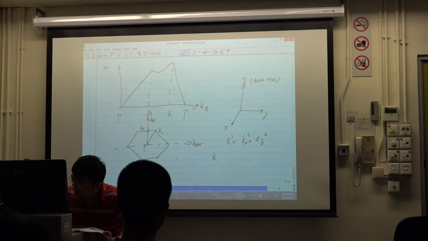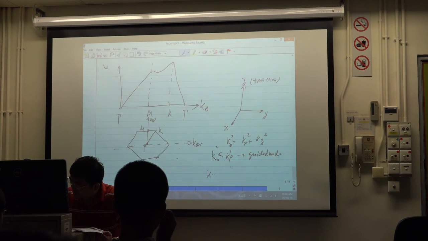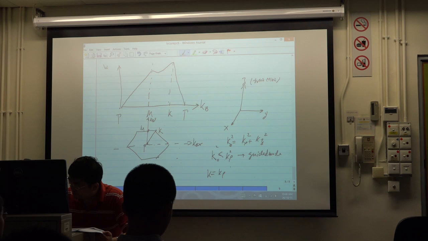If k0 squared is smaller than k rho squared, it is a guided mode. It's guided. So the air line is just k equal to k rho, something like this.